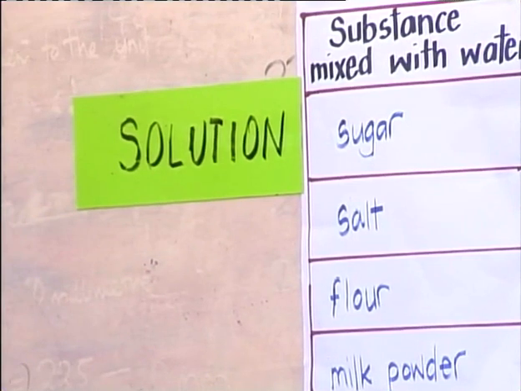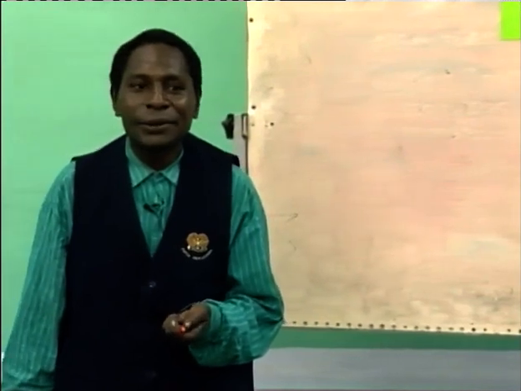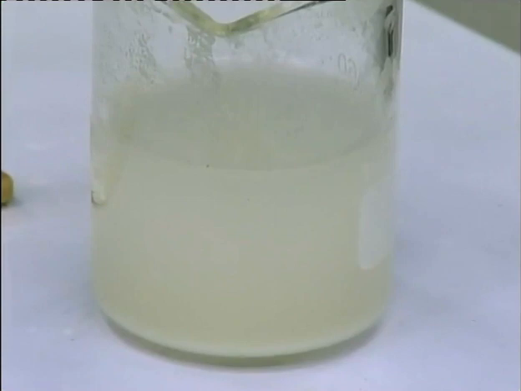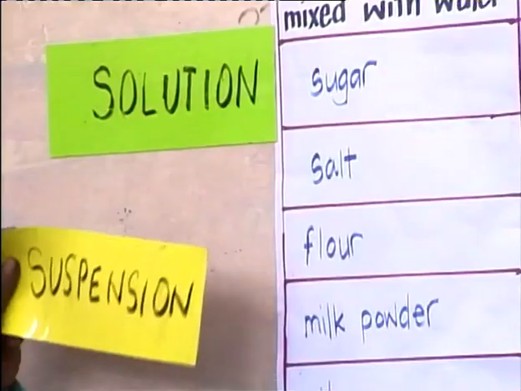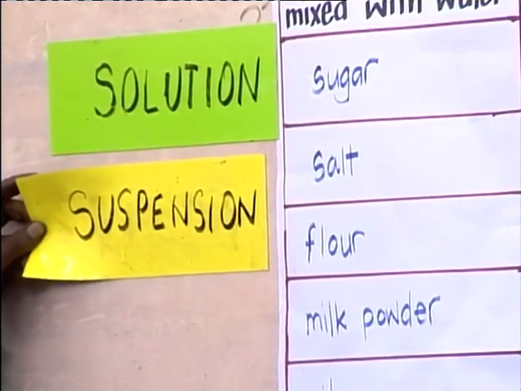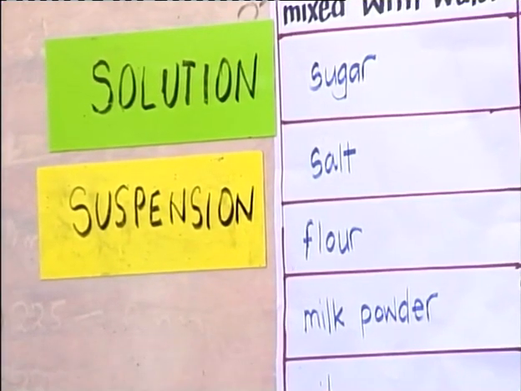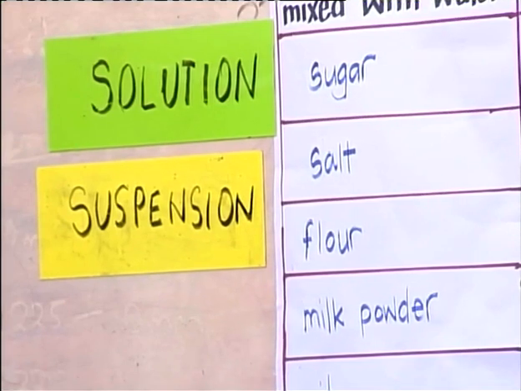Now, for the flour, it did not really dissolve, but it partly dissolved and gave a cloudy mixture. Now that cloudy mixture is called, everyone together, suspension. After that, it will settle down and the flour particles may sink to the bottom.